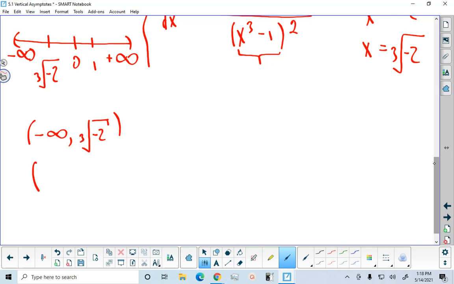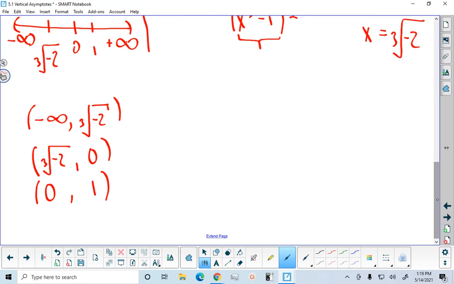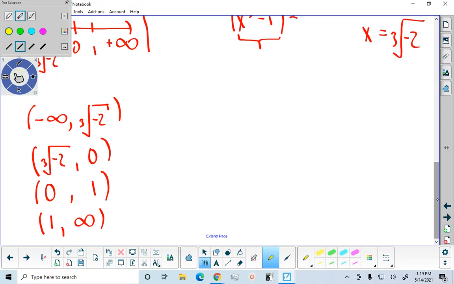Then from the cube root of negative 2 to 0, from 0 to 1, and finally from 1 to infinity. A double check as you go from critical value to critical value, the numbers should increase.